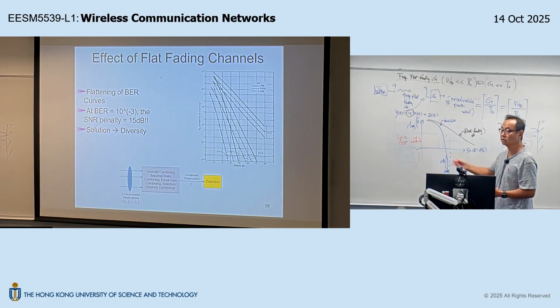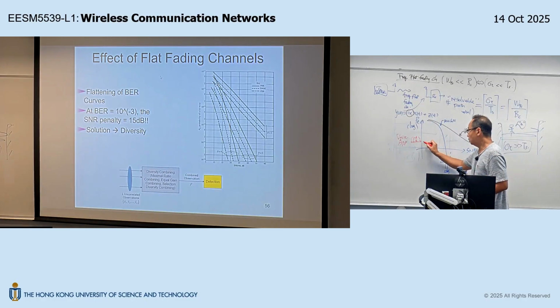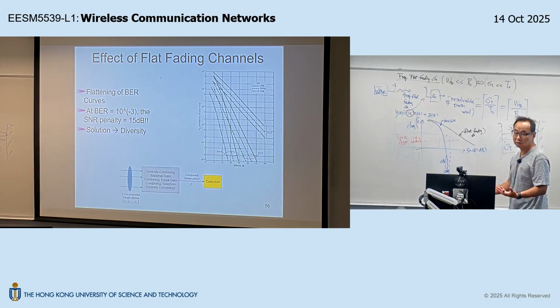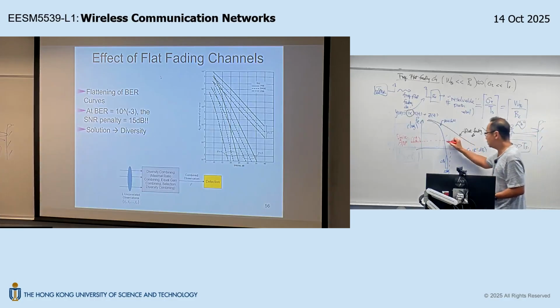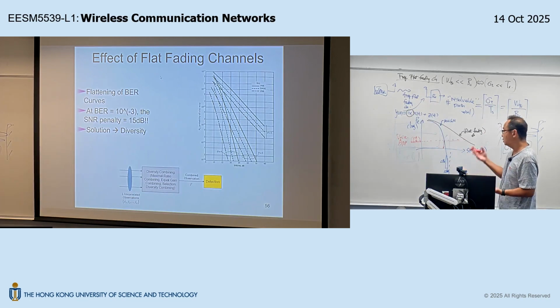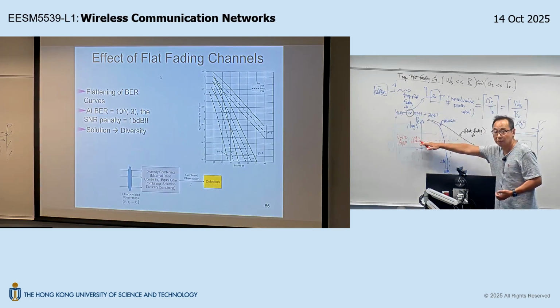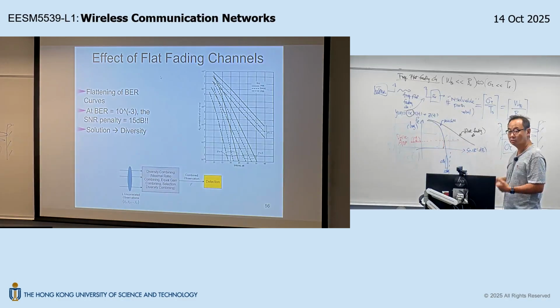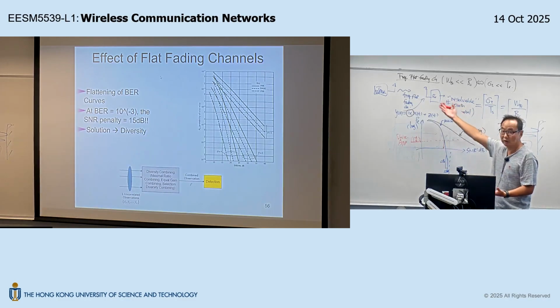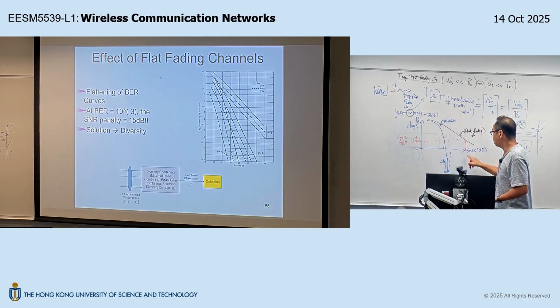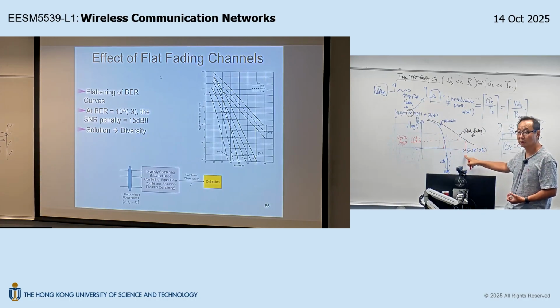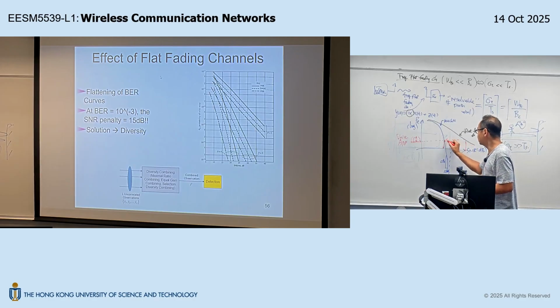Okay, we will explain this in the next chapter. So for a 1% target, if you just have an additive white Gaussian noise channel, no fading effect, you just need this amount of signal to noise ratio or transmission power. But now, with everything else the same, to maintain the same error probability target of 1% when you operate in frequency flat fading channel, you will need this much signal to noise ratio, right? In other words, this difference is the SNR penalty.